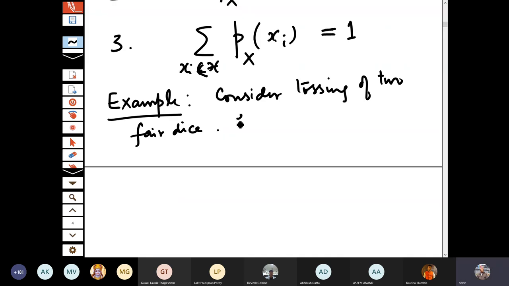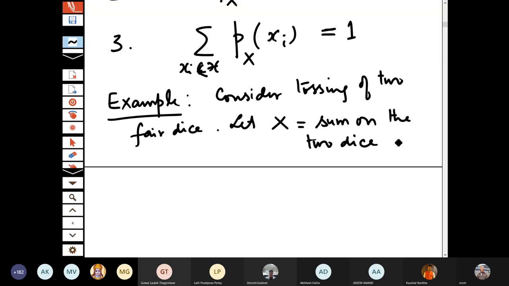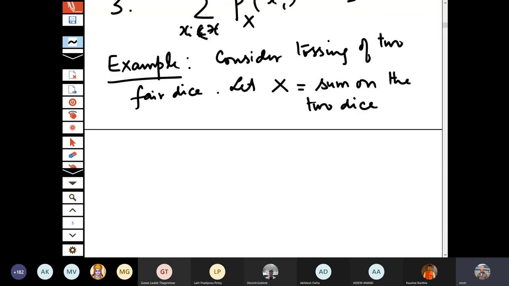So let us define X to be the random variable defining the sum.